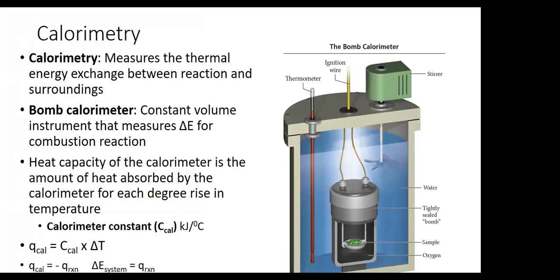What I'm showing you right here on the right is called a bomb calorimeter. You take whatever you want to measure the energy of, that would be your sample, and you make it into a little pellet. You then blow it up. You literally blow it up. That's why it's called a bomb calorimeter.